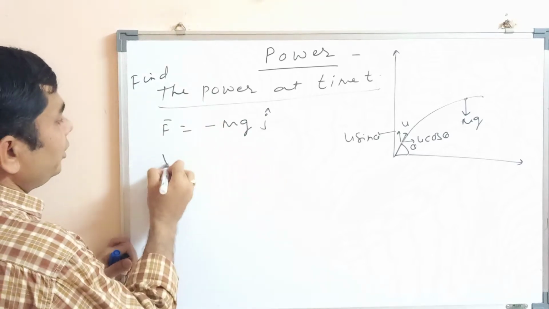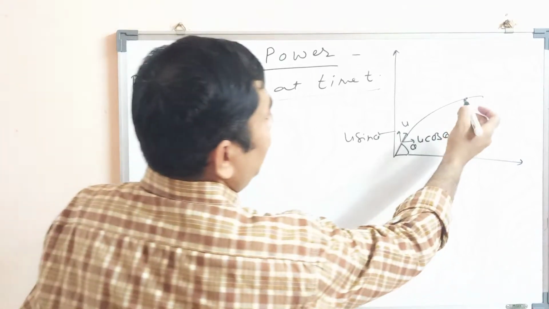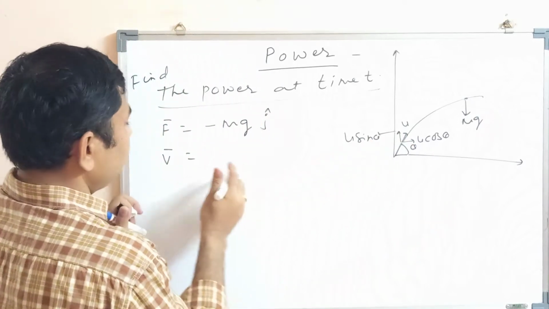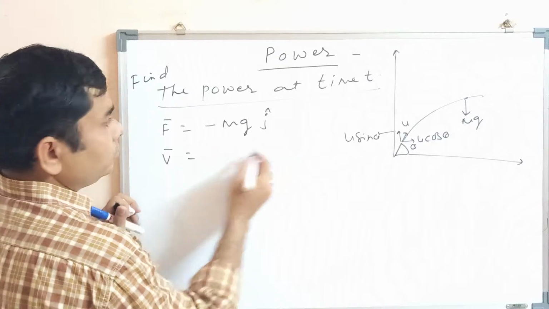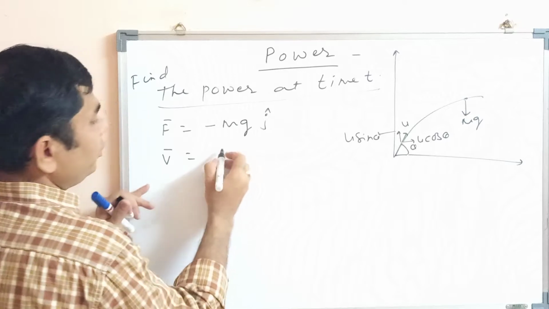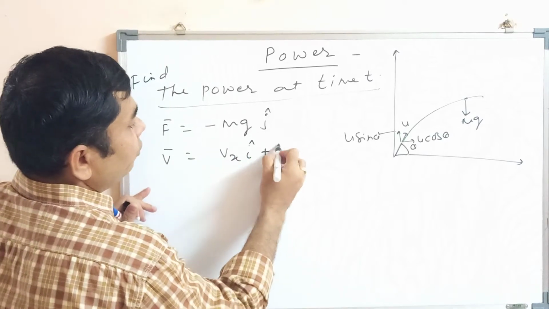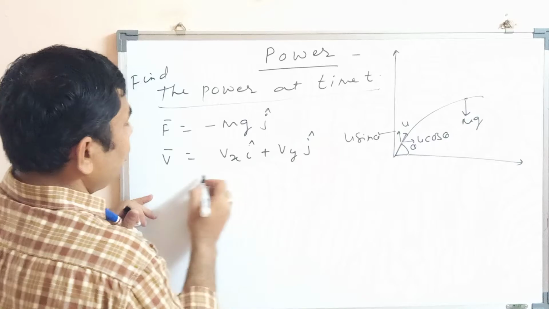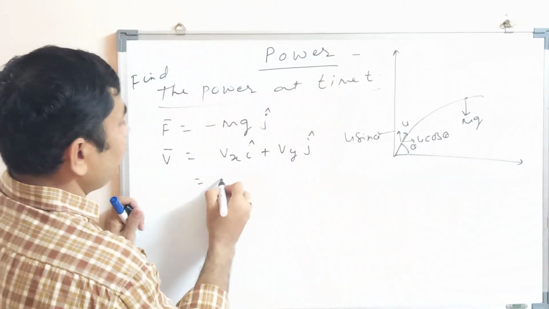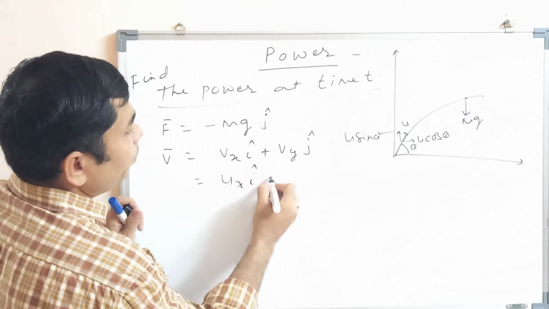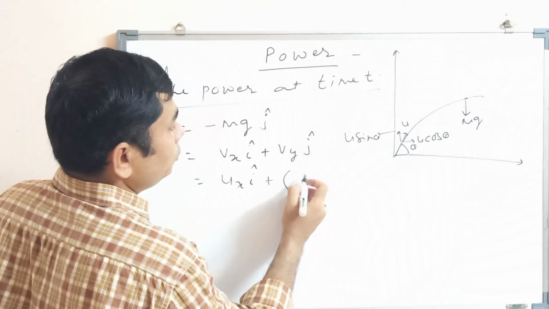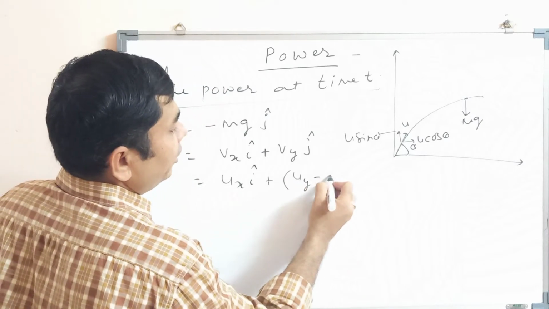Then the velocity v vector at this point will be equal to what? The x component remains the same, so velocity is Vx i cap plus Vy j cap. Now the x component of the velocity will remain constant all along the journey, so this will be equal to ux i cap plus Vy, where Vy is equal to uy minus g into t.